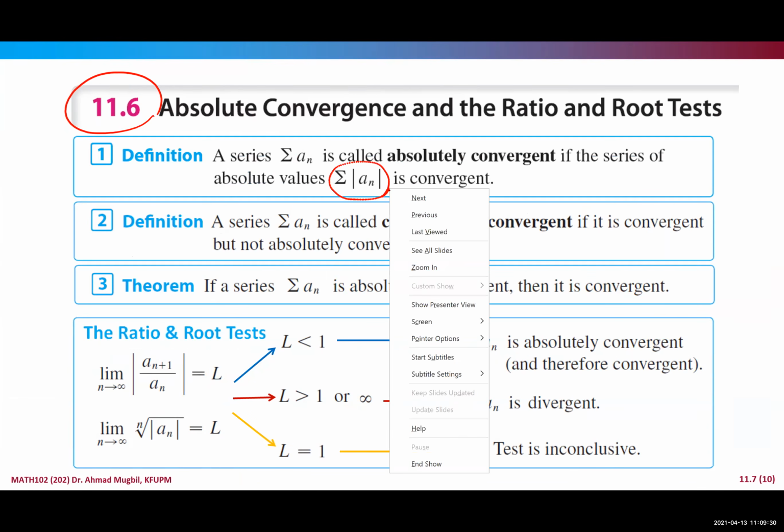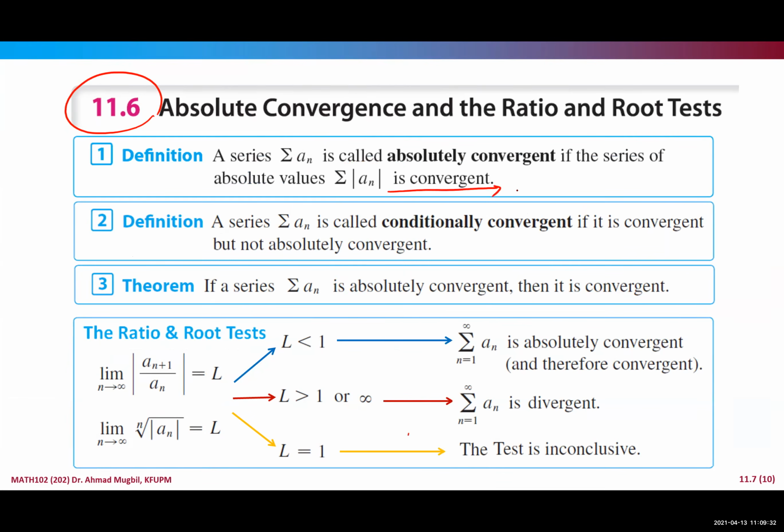If the series of the absolute values is convergent, then the original one will be absolutely convergent. So this is the meaning of the absolute convergence. But if the series of the absolute values is divergent, it doesn't mean that the original one is divergent. You need to check the original one.